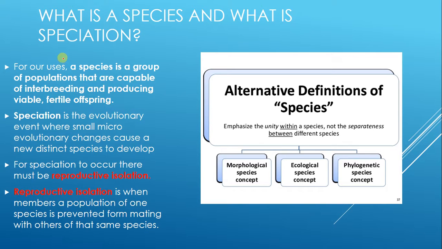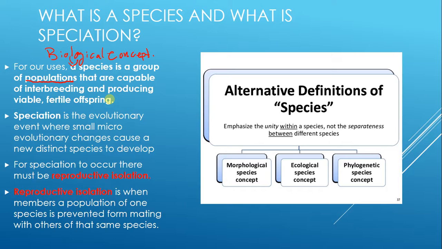biological concept of what a species is. The biological concept defines a species as a group of populations, all the same species, that are capable of interbreeding and producing viable, fertile offspring.